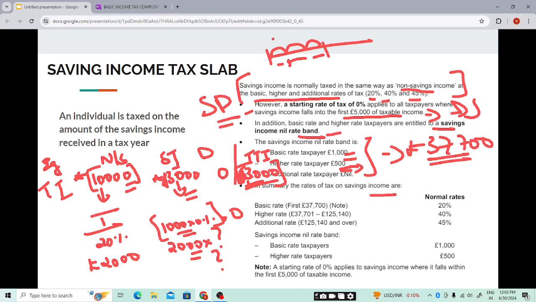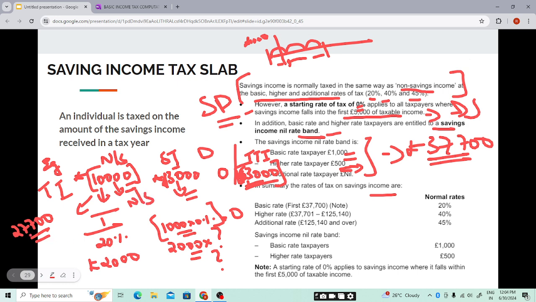So saving income was only £1,000. Still we have the basic rate limit, but the basic rate limit will be covered by everything. Whatever amount we tax, this zero rate also will be covered, and the nil rate band also will cover it. So 10,000 has been covered. So what is the basic rate limit still available to us? 27,700 is available, because from the 37,700 pounds, the 10,000 has been used by the non-saving income.